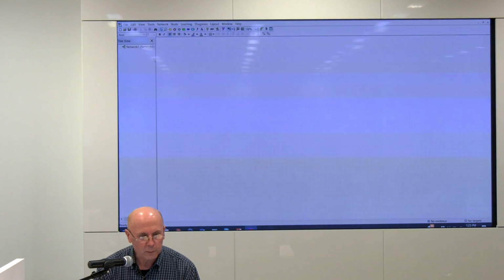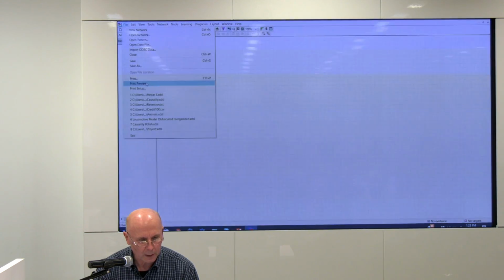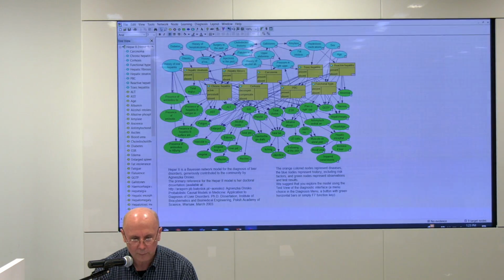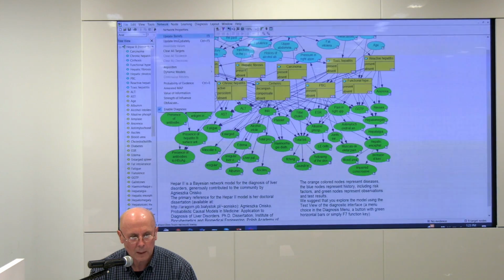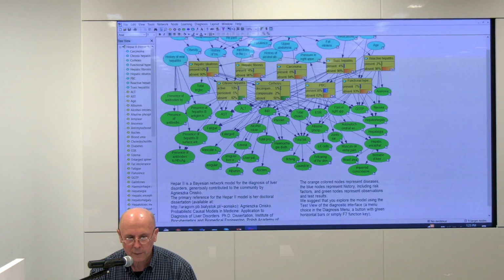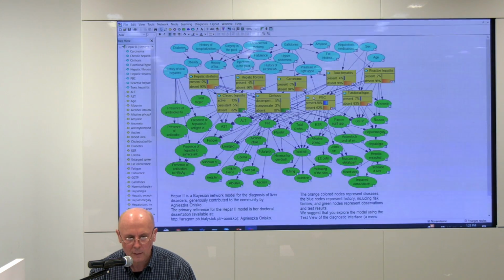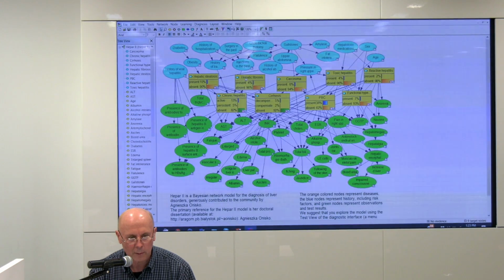Okay, so here is the software. Let me show you a Bayesian network. Here is a network that models liver disorders. The rectangles are diseases, and the other things are just other variables. The blue ones are risk factors.